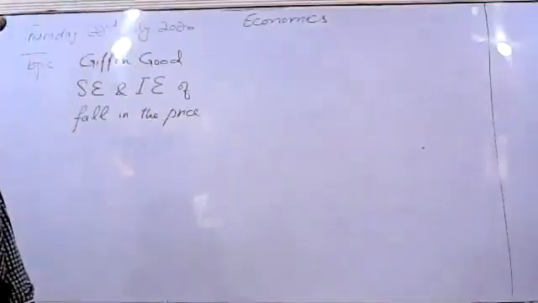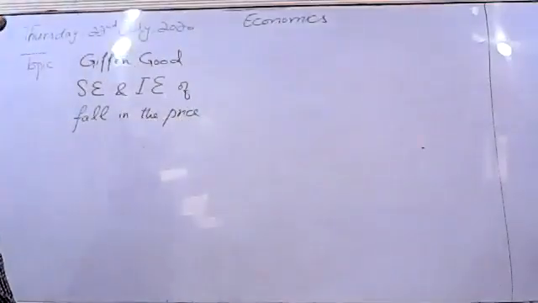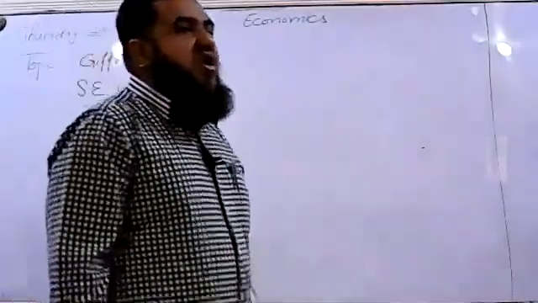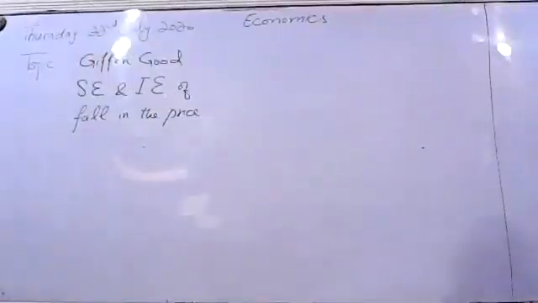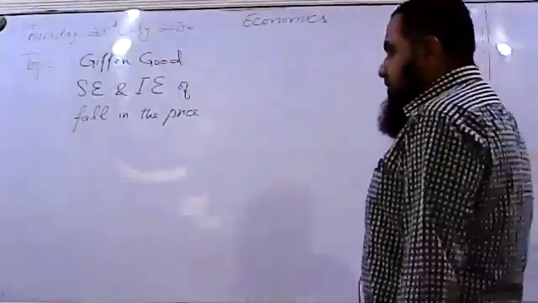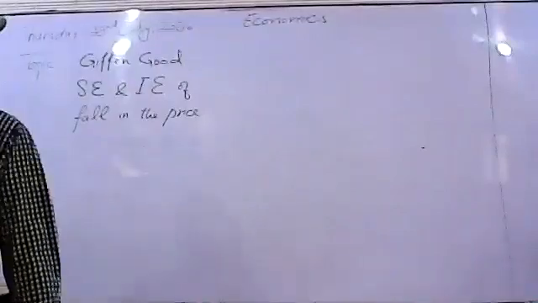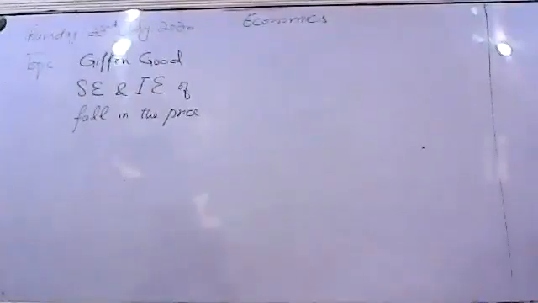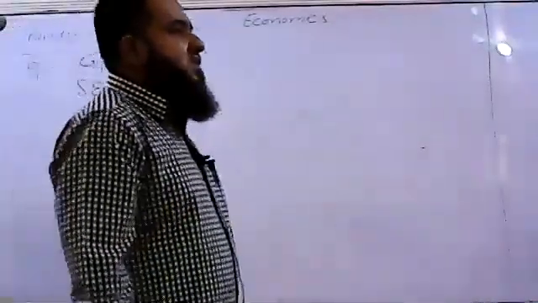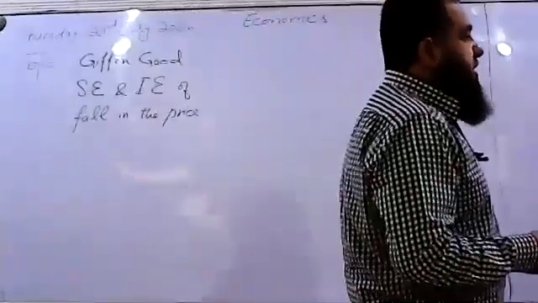Okay, now in that case the income effect is negative, but it is stronger than the substitution effect. Substitution effect, I gave you the full demonstration about substitution and income effects of a normal good. Substitution means when the price of a commodity falls, the consumer substitutes it more with the other commodity.